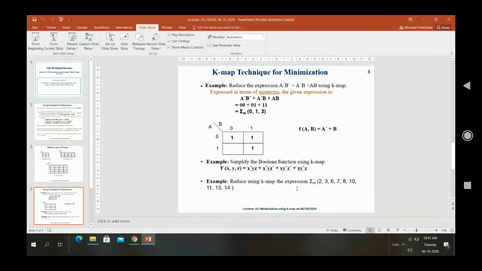Yes, 2, 3, 6, 7, 8, 10, 11, 13, 14. Now, how many KMF variables are we using? Yes, a 4-variable KMF. So you construct the KMF and assign the logic values. You can consider any variables: X, Y, Z, or P, Q, R, S, T, or A, B, C, D, because here we are not using any standard variables.